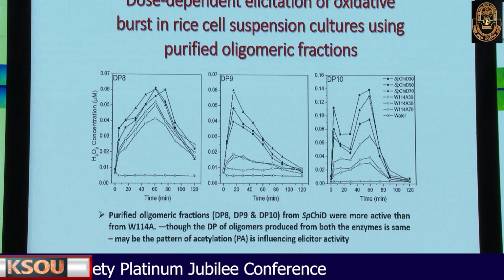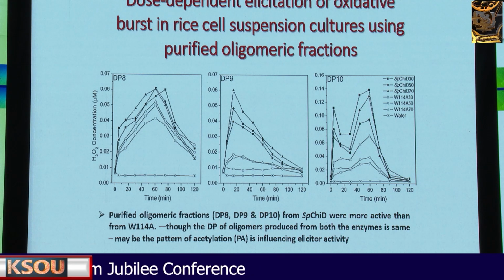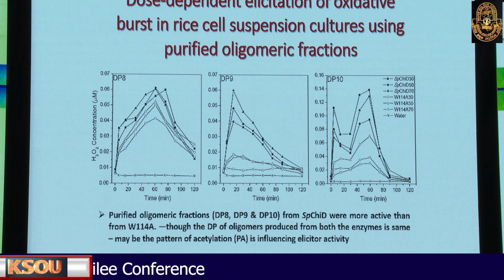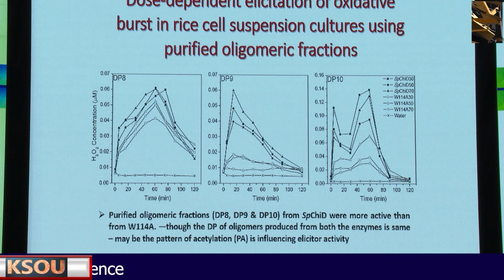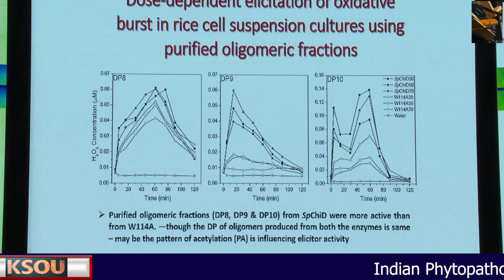Finally, we narrowed down to DP8, degree of polymerization 8, 9 and DP10. Purified oligomeric fractions showed a very significant increase in the activities of the enzymes related to immunity in the plant.